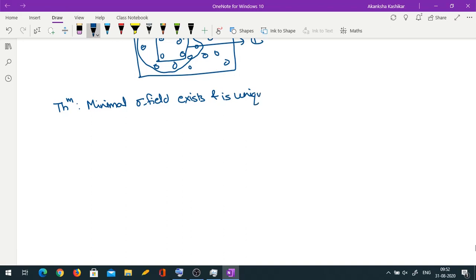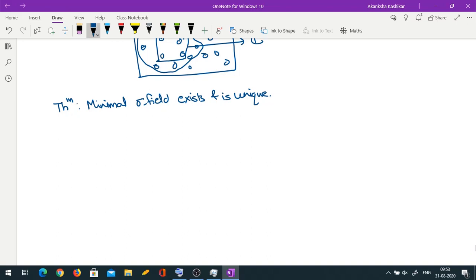We will write this proof via a constructive approach. That is, we will give a method to construct a minimal sigma field. So it means that if we perform that procedure, we will always get the sigma field and we will prove that it's a minimal sigma field.